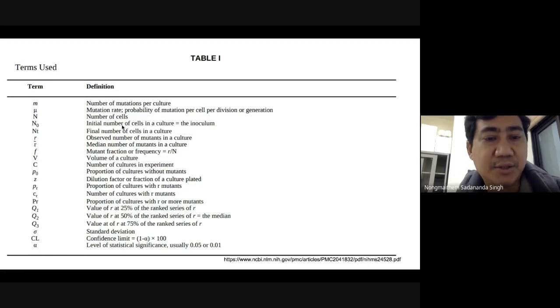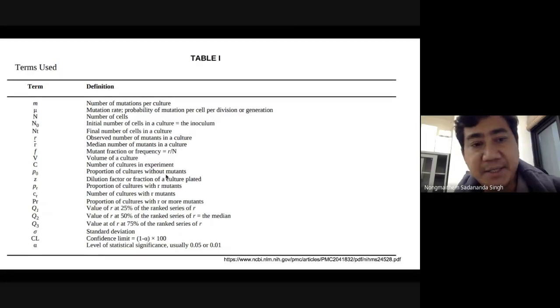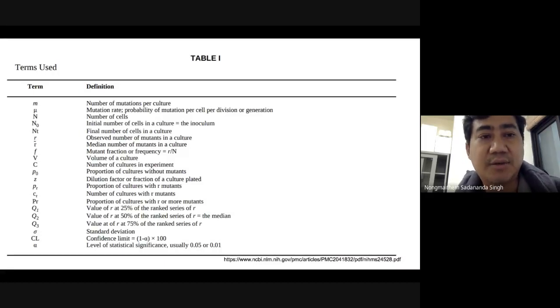These things are very important. P0 is the proportion of cultures without mutants. Why are these definitions important? Because in the next few slides, I'm going to discuss how to calculate the number of mutations, and after calculating the number of mutations, you will look for the mutation rate.